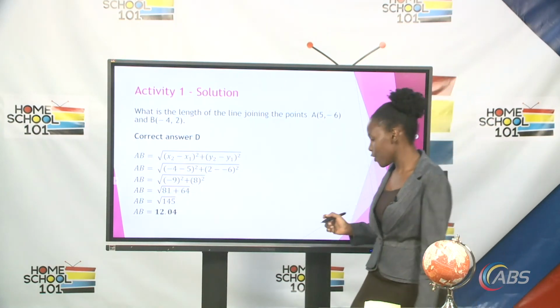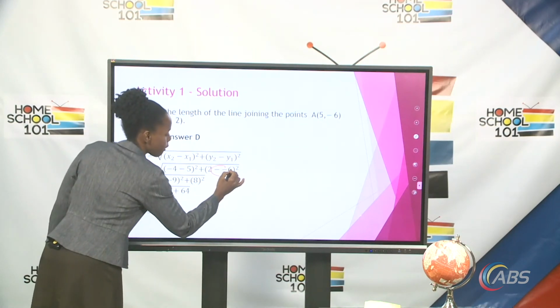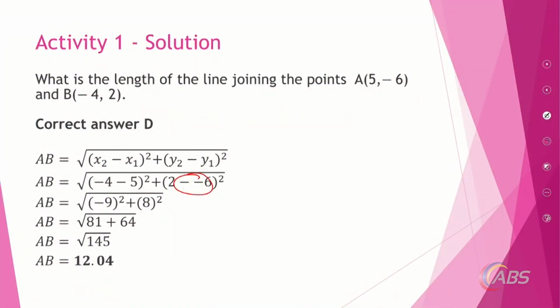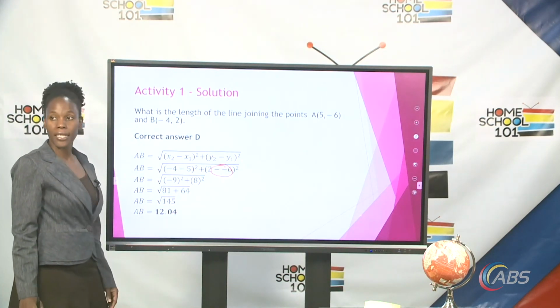Key thing to note, we must pay attention to the signs here. y1 is actually negative, so it becomes minus minus, and we know that a negative times a negative gives us a positive. Hence this becomes 2 plus 6, so the result is 8.